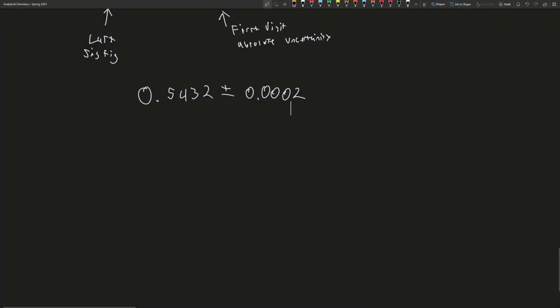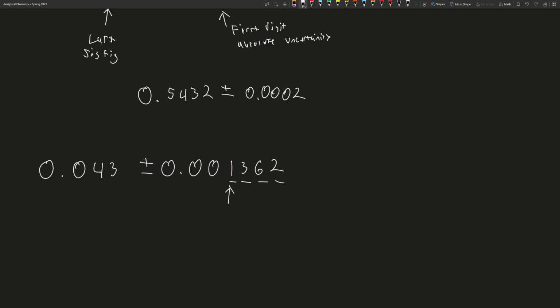Let's do some more examples. Let's say we had 0.04368, say 43, plus or minus 0.01362. Notice how our uncertainty has 1, 2, 3, 4 digits. Our uncertainty could only have one digit. We only care about that first one.